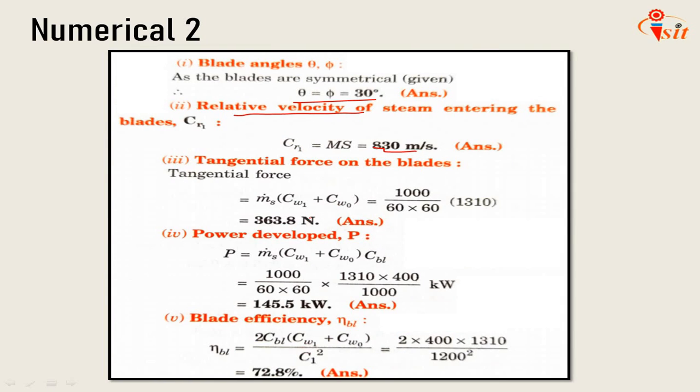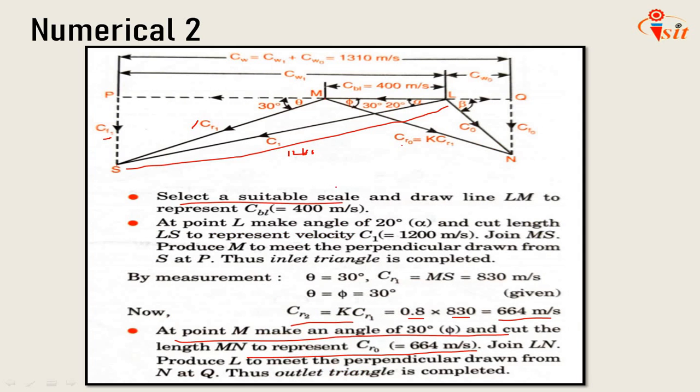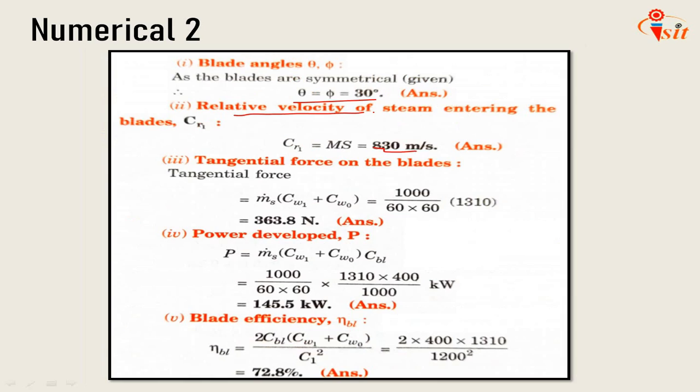The tangential force on the blades, the equation we know, is MS multiplied by CW1 plus CW0. PQ will be the CW, and CW1 plus CW0 is already coming 1310 meter per second, meaning 13.10 centimeter if you take a scale of 1 centimeter equal to 100 meter per second.